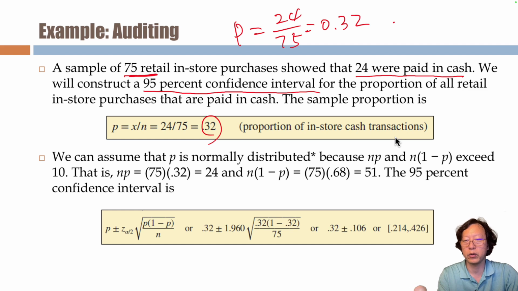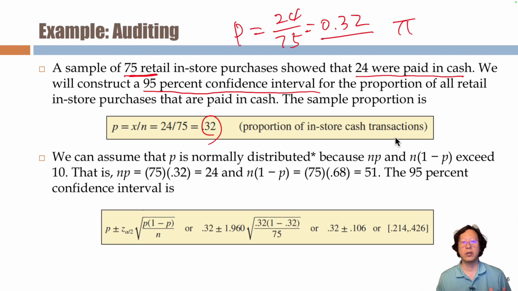So now I want to know the pi. Of course the best estimate here is 0.32, but I want to create the 95% confidence interval. And you can say pi will fall in between these two numbers, in this range, with 95% confidence.